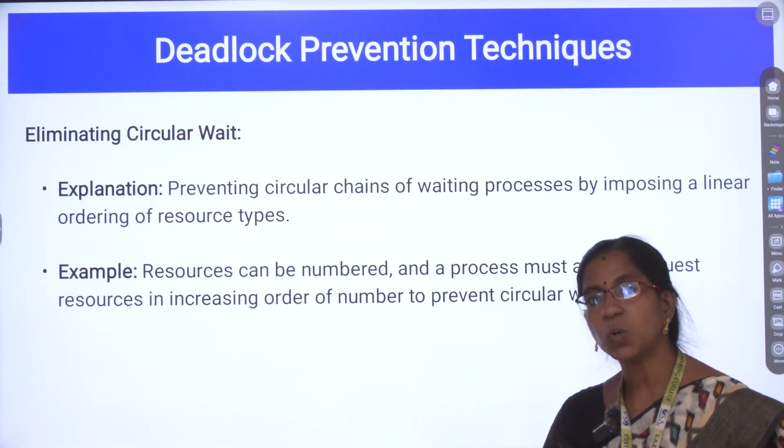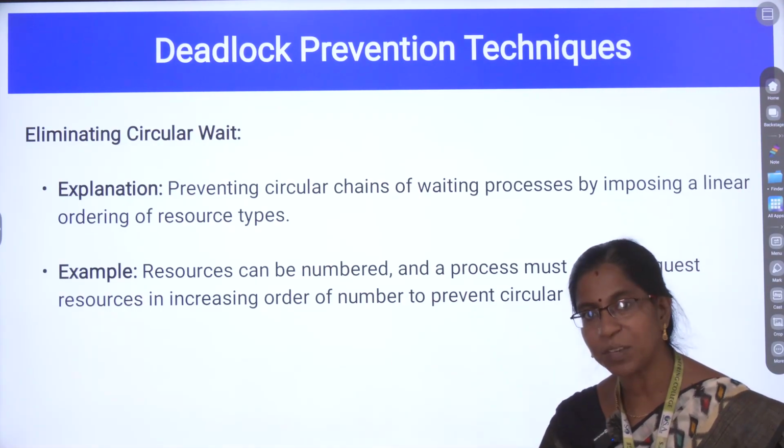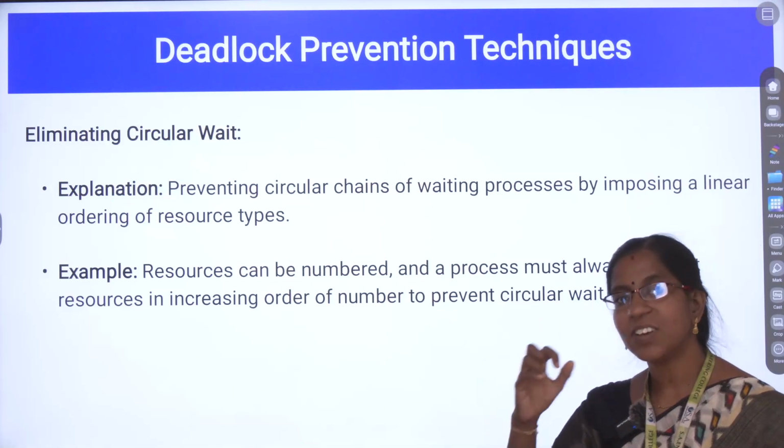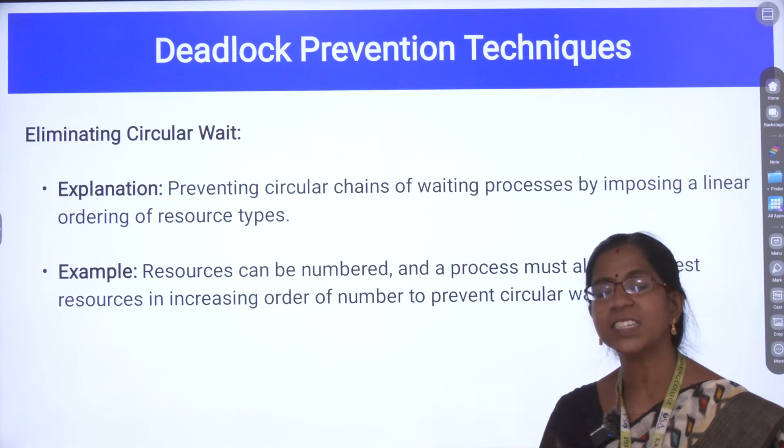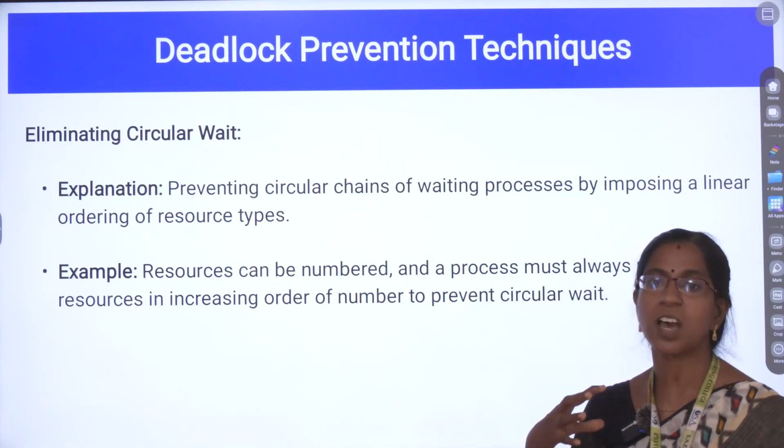If process P2 wants to access resource R3, it can check whether R3 is accessed by any other process. If not, it can directly request resource R3.